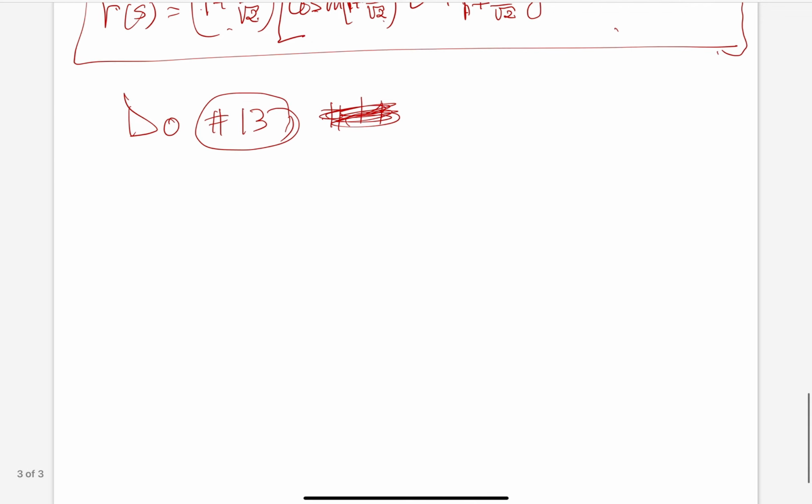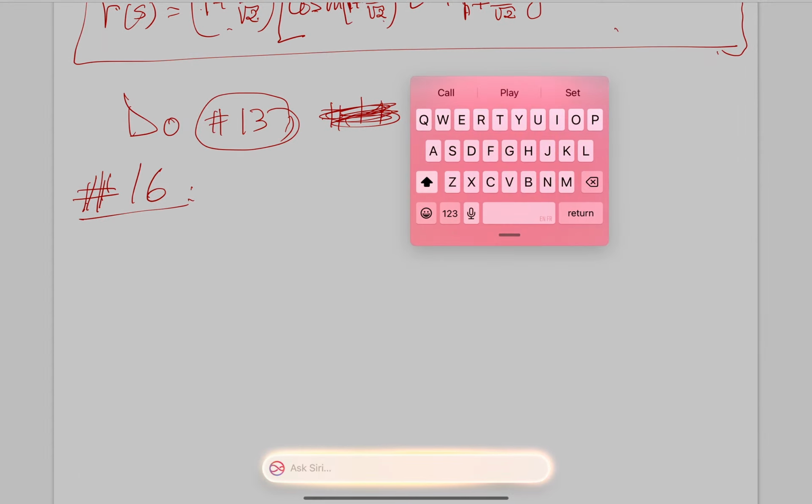Okay, when you're done, let me do number 16. Number 16 is the same thing, but the only difference is now they give you the point. The point is given. Anytime the point is given, it means t equals 1. In our case, you have a 0.01. What does it mean? It means t equals 1, say in the direction of t.